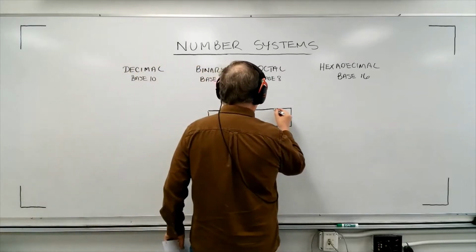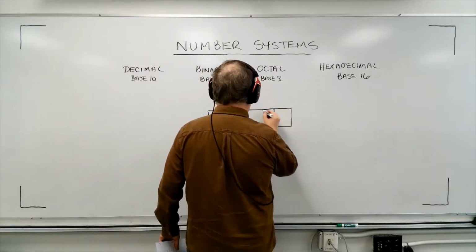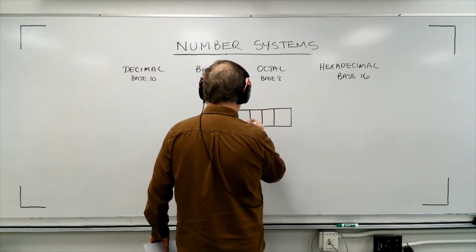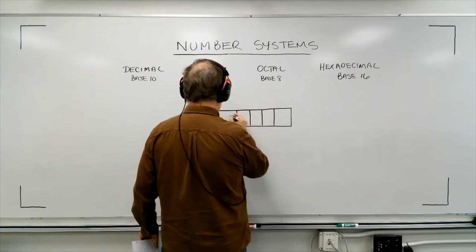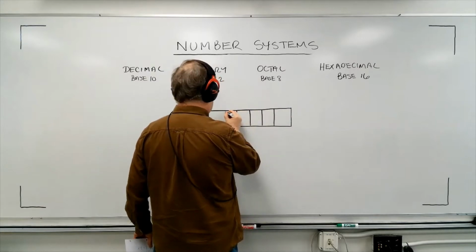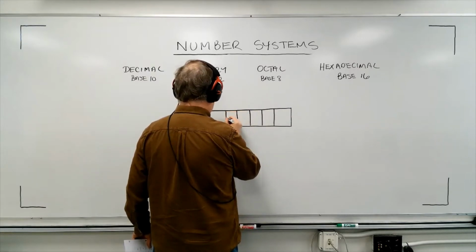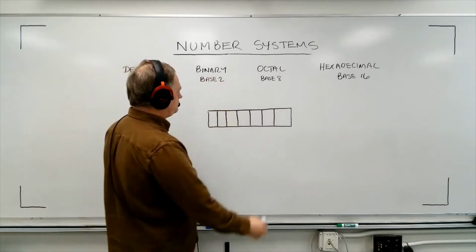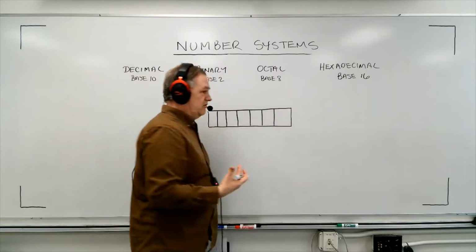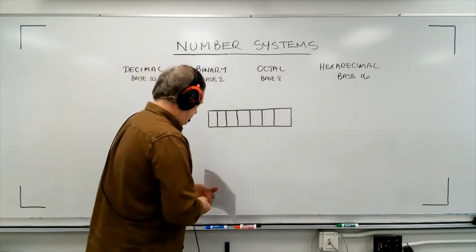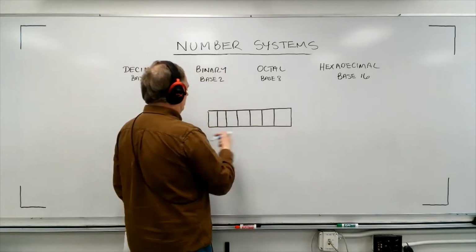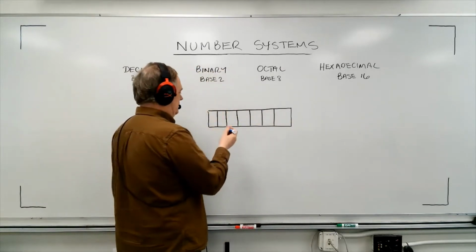I'm going to break this up into, I think it's going to be about 6 or 7. And it's going to be 7. Now, if I wrote a number into this, and I didn't tell you anything about the base, there are some things that you would automatically think.